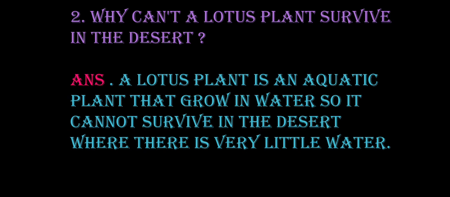But the lotus plant, which is an aquatic plant, needs more water, so it cannot survive in the desert, because it will not get much water there. So our answer is a lotus plant is an aquatic plant that grows in water, so it cannot survive in the desert where there is very little water.